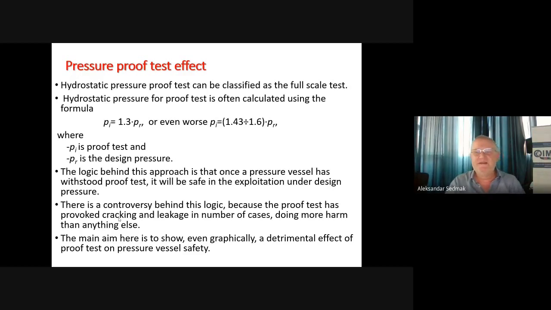The simple fact that this proof test was successful practically means nothing. On the contrary, it is a kind of a mechanism to introduce microcracks, which may then grow to cracks and make, in best case, leakage, not to mention other potential consequences.